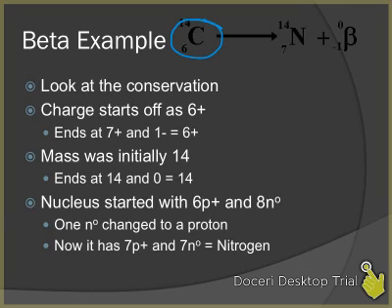Atomic number tells you we have 6 protons. However, this is carbon 14, not carbon 12, right? Carbon 12 is what's listed on the periodic table. So if it has 14 mass units, how many neutrons does it have? 7. Or what's 14 minus 6? 8. So 14 minus 6 protons gives us 8 neutrons.